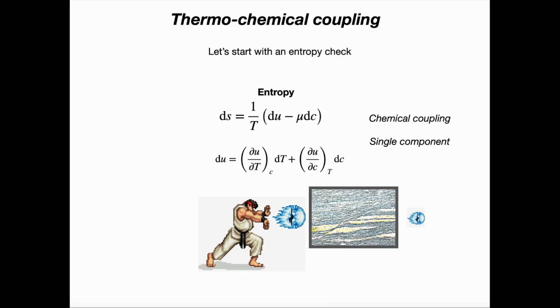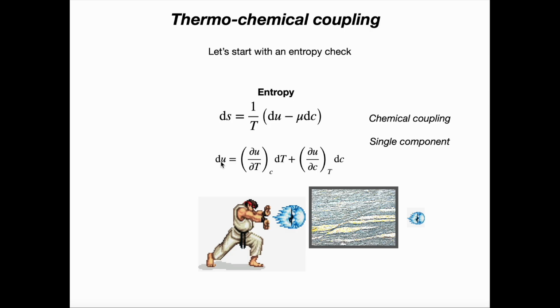In the second step, we'd like to express this differential of entropy also as a function of the temperature change. So we are going to express du using a total differential as a function of temperature.